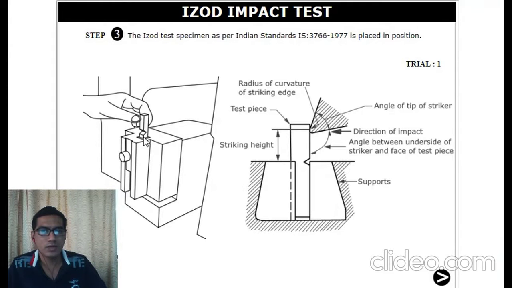Inside that we have to keep our sample. This is the sample fixed with the help of the supports. Then this is a striker located inside the pendulum, which will strike this striking point on the specimen. This will be the height of the striker, or striking height. In this step we are just making the arrangement for the specimen onto the anvil.